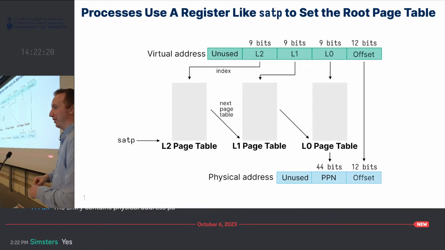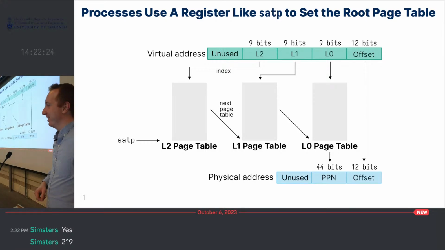How would I do it with a single page table? If I have a single L2 page table, it can point to 2 to the 9 things, but it points to an L1 page table. So it would have to point to an L1 page table, and if I only have 1 page table, I don't have anything.